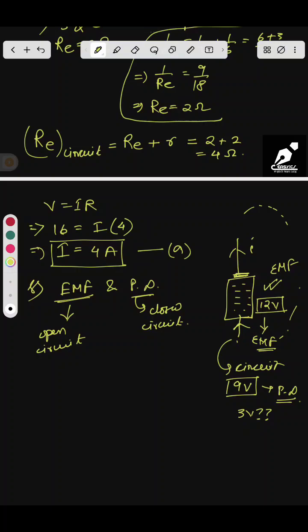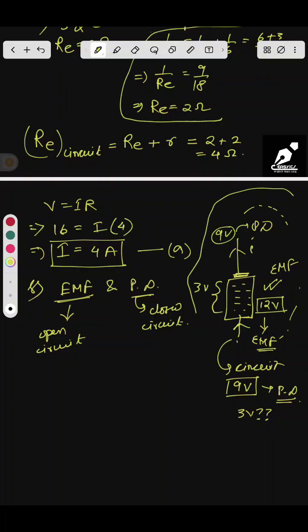So part of the printed 12 volt gets lost or used by the electrons while overcoming this electrolyte resistance. So this 3 volt is consumed here out of the 12 volt and we get delivered 9 volt. So this 9 volt is the potential difference in the circuit and EMF is the potential difference in the open circuit. That is the difference.